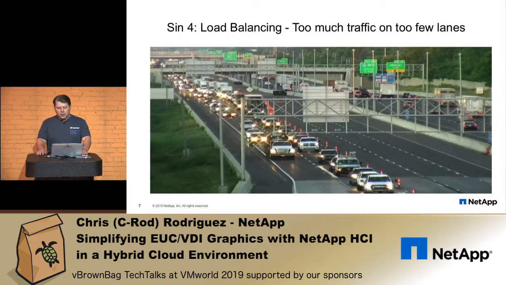But anyways, I find that the load is sitting all on one path all the way through, and you've got to break that out. Sometimes it takes manual intervention. By the way, on Ethernet, the reason why in networking we push LACP real heavily is because it does link detection very, very fast. So that's why we still push it over a more granular method of load balancing like MPIO.